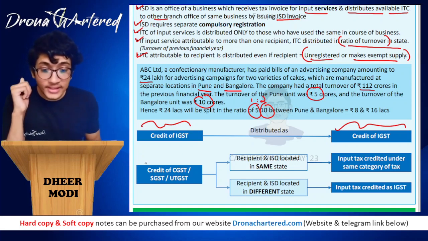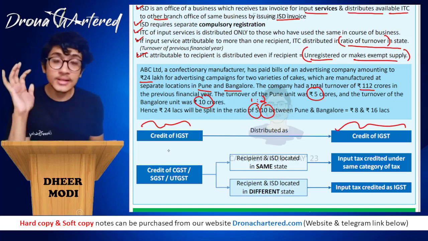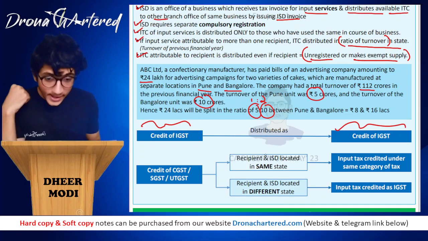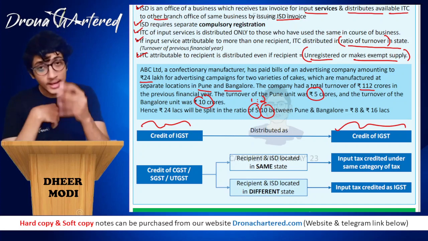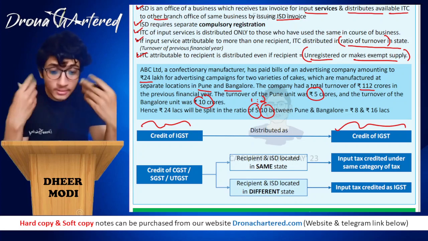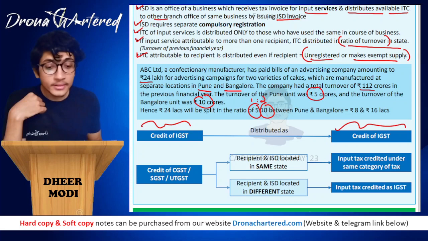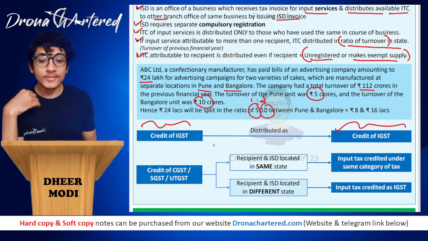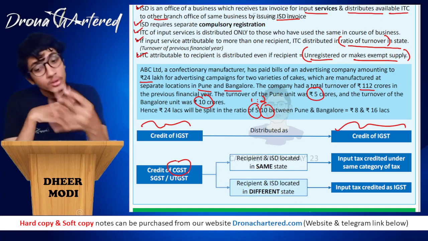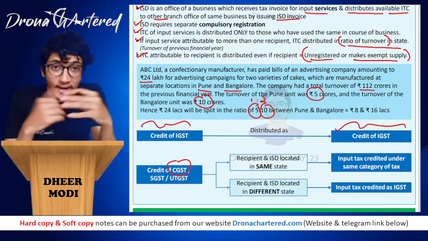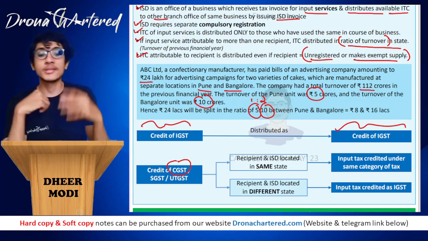But if they have any credit of CGST, SGST or UTGST, that means anything other than IGST, and the recipient and ISD are located in the same state, that is the ISD's registration and the recipient are both located in the same state, then the input tax credit is distributed under the same category of tax. That means if they have credit of CGST, my recipient will also get CGST. If they have credit of SGST, my recipient will also get credit of SGST.